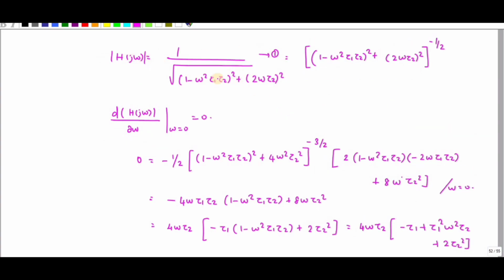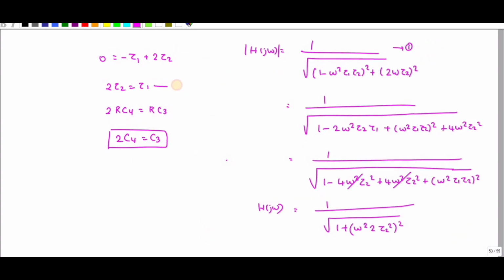In this equation, instead of tau 1 you have to substitute 2 tau 2. Before that, if I apply the a minus b the whole square formula, I will get 1 minus 2 omega square tau 1 tau 2 plus omega square tau 1 tau 2 the whole square, plus this I can expand as 4 omega square tau square. Now I substitute tau 1, so it becomes 4 tau 2 square. So these two get cancelled out, and you will get this equation.